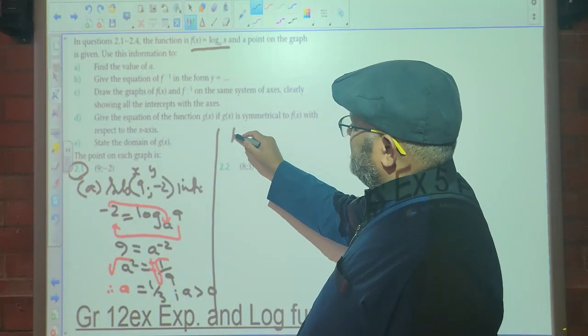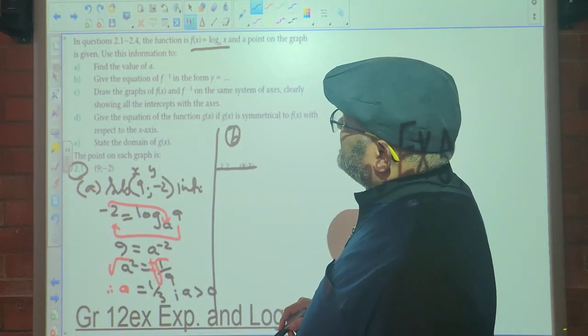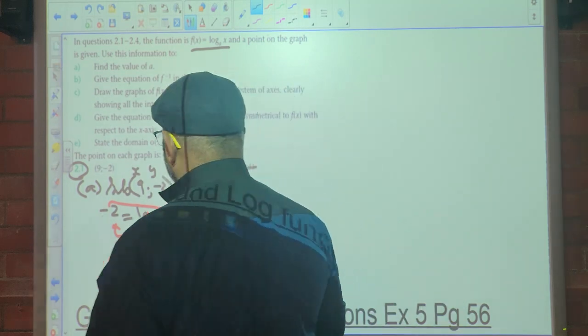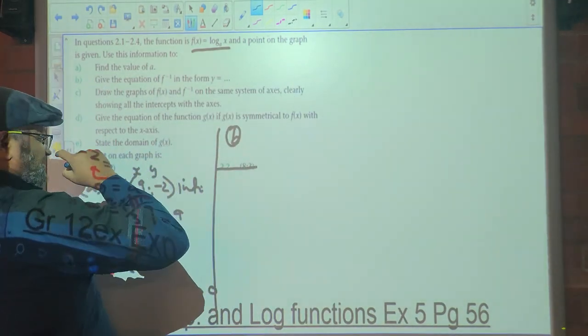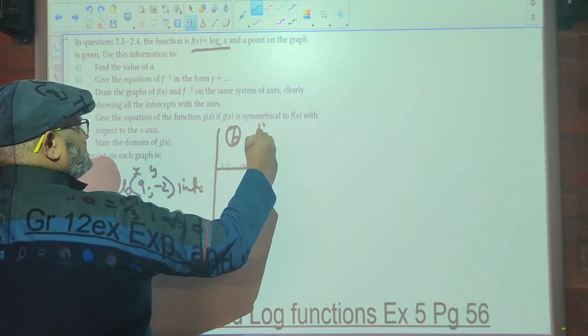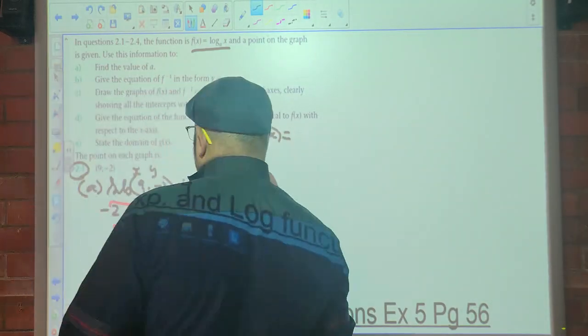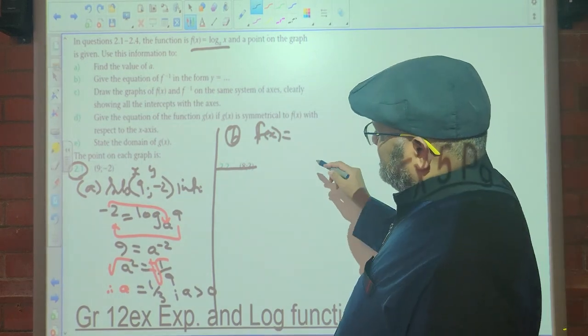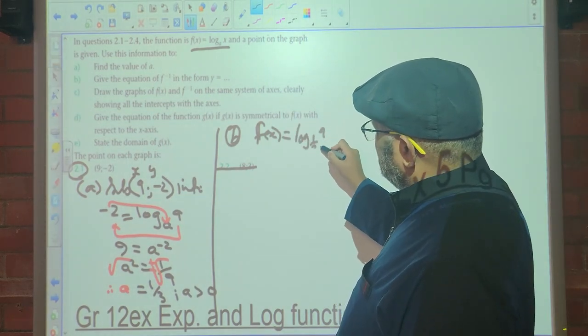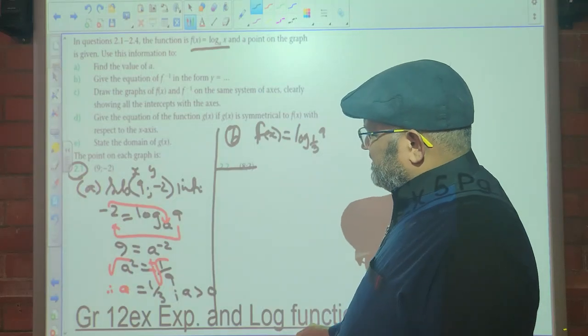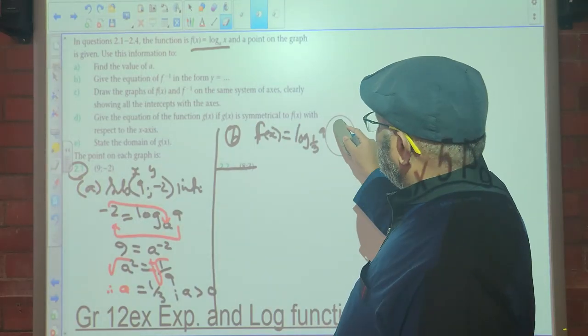That's A. Let's look at B. B says give the equation of the inverse. So what do I do for the inverse function? I interchange x and y. But the function now reads f of x is equal to log x base a third.